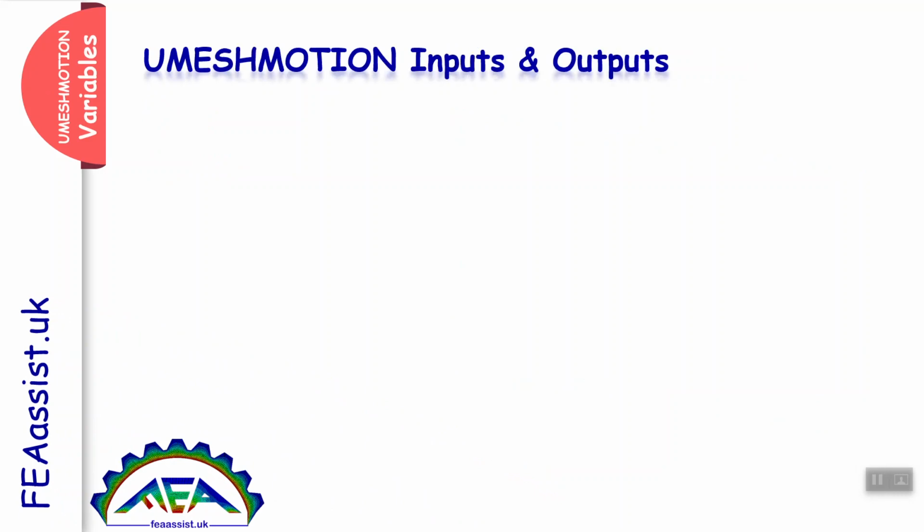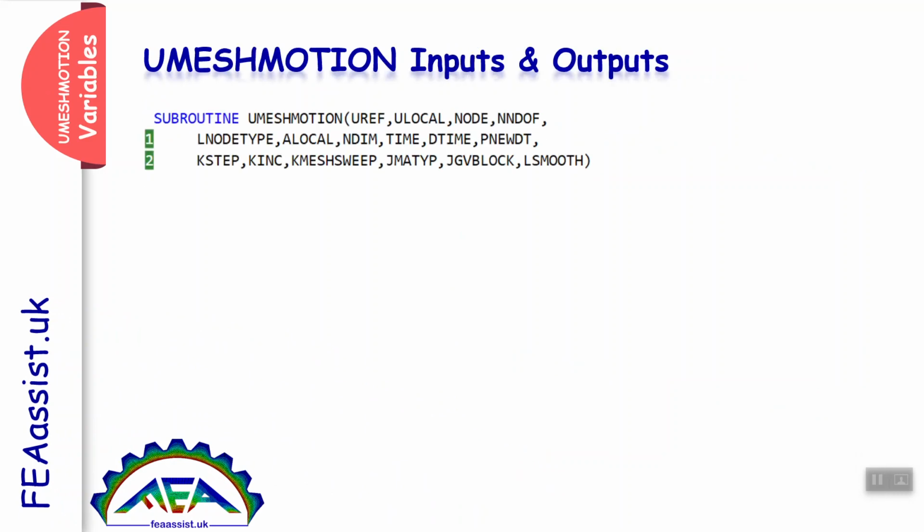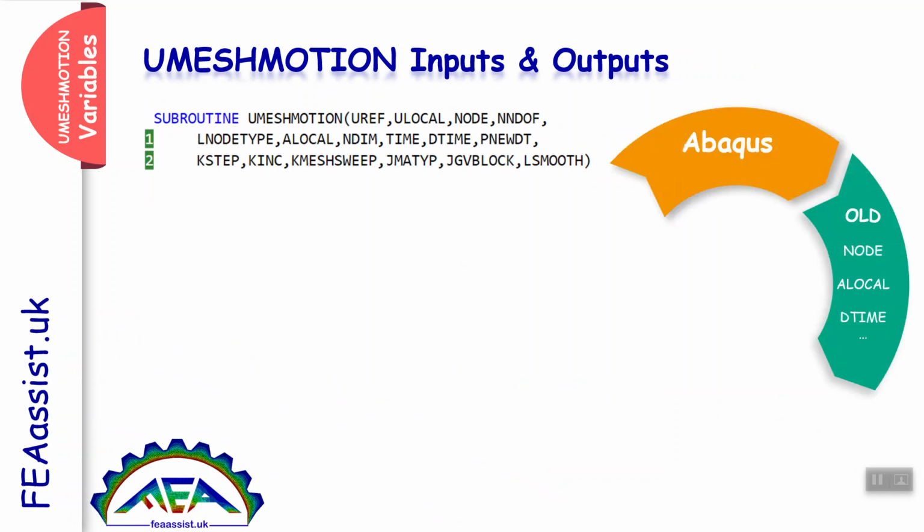UMeshMotion variables. UMeshMotion has some variables. Some of them are inputs. We need to get those inputs, process them, and export the results as output into Abaqus. In other words, Abaqus computes node positions, time, and other variables.